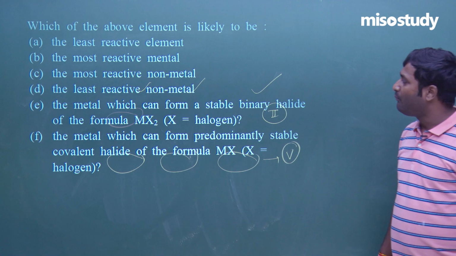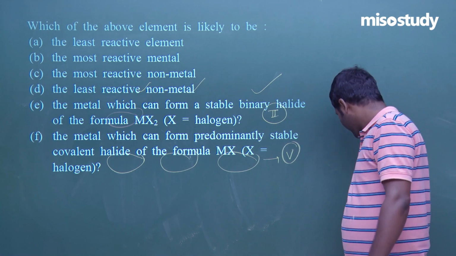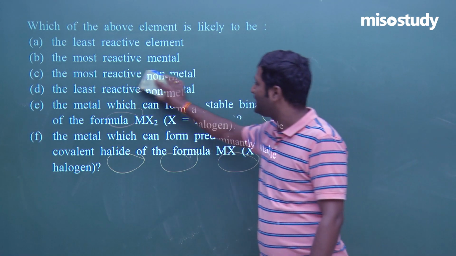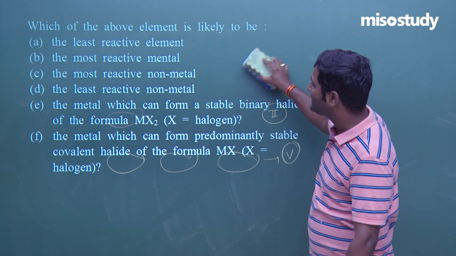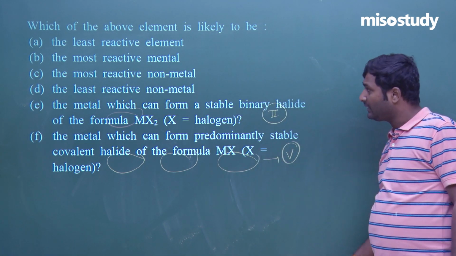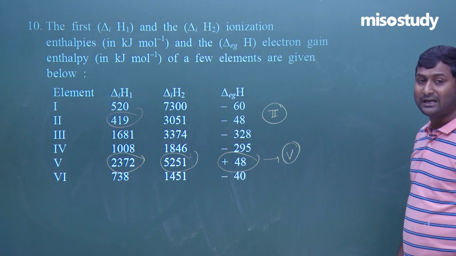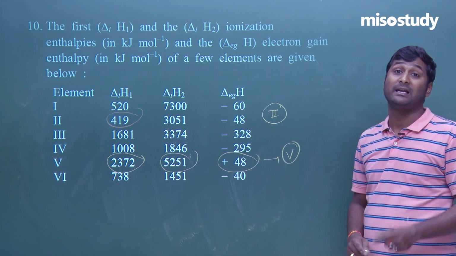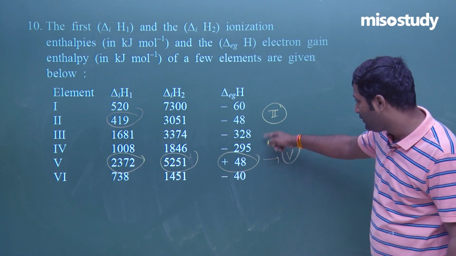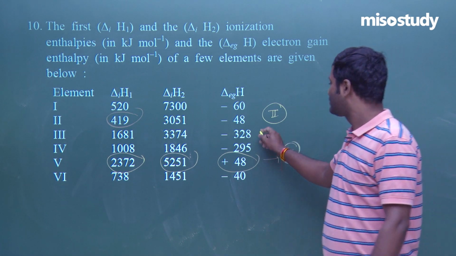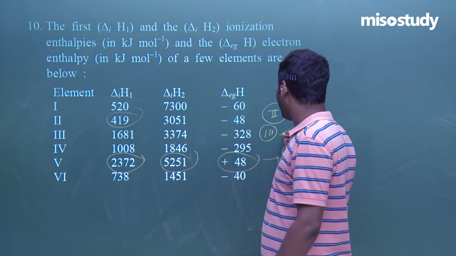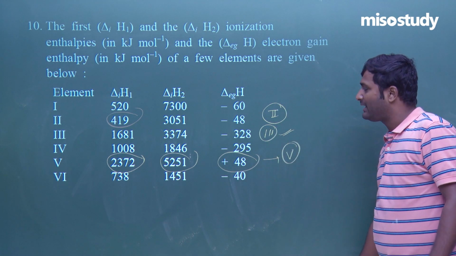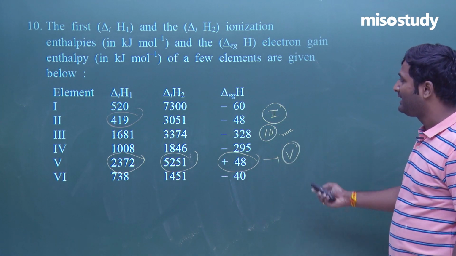Now the most reactive non-metal, tell me. As we know, the reactive non-metal will have high value of negative electron gain enthalpy. Look at which one has this. So the third one is the most reactive non-metal. Clear to you, my friend?